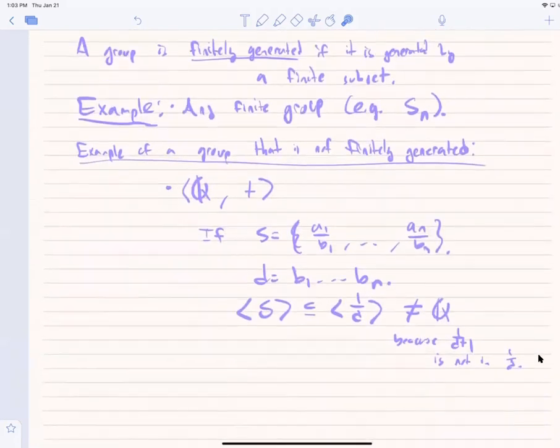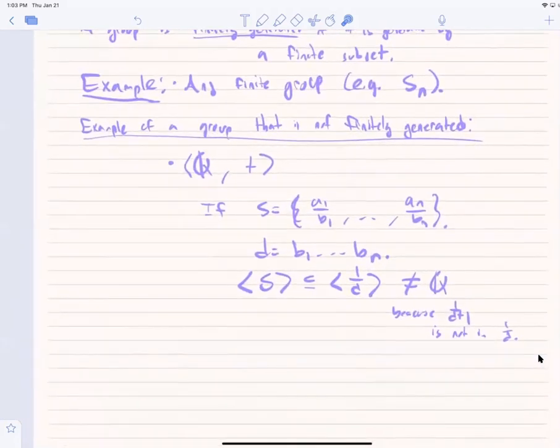So it's useful to have this notion around, but it doesn't play quite the same central role it plays in ring theory.